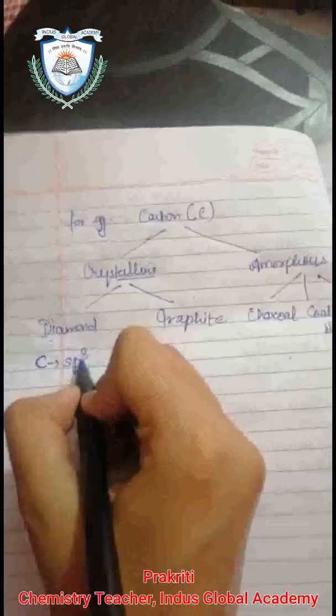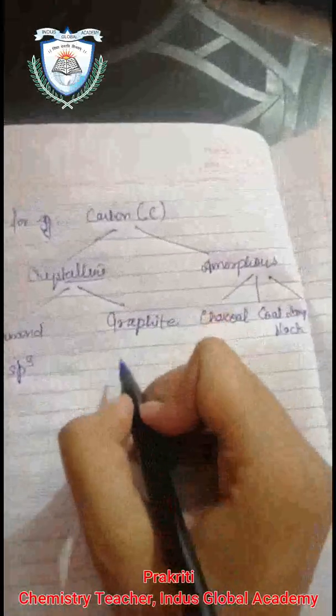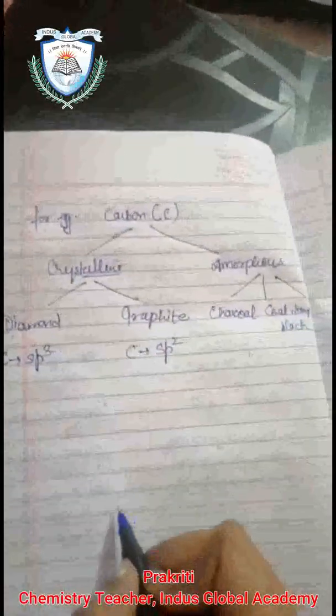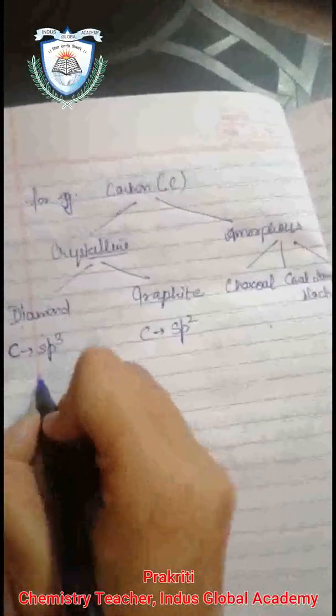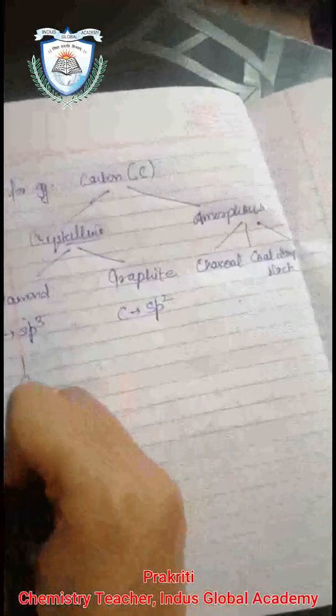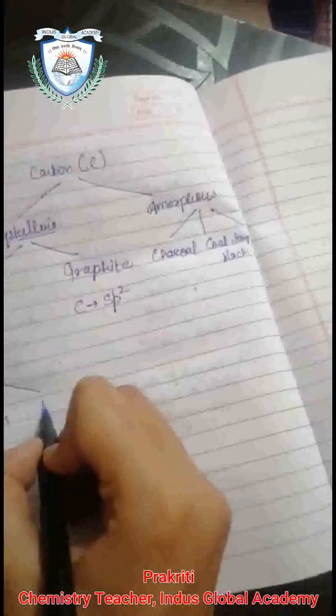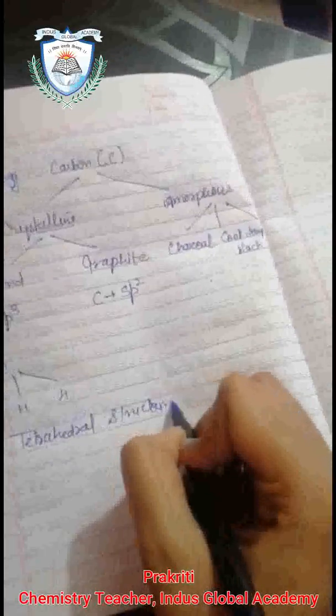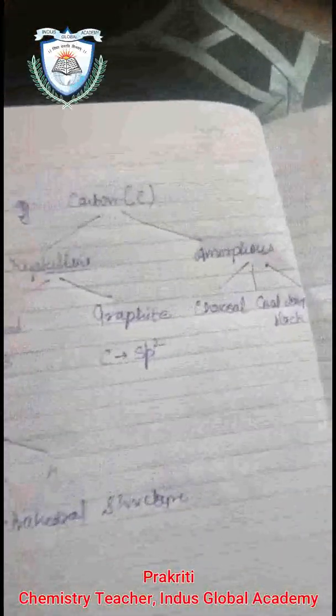So here the hybridization is sp3 and in graphite hybridization of carbon is sp2. Next, it exists in tetrahedral structure, right? All the carbons are arranged in tetrahedral structure. Am I right?